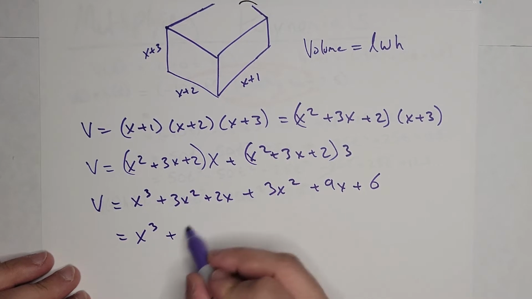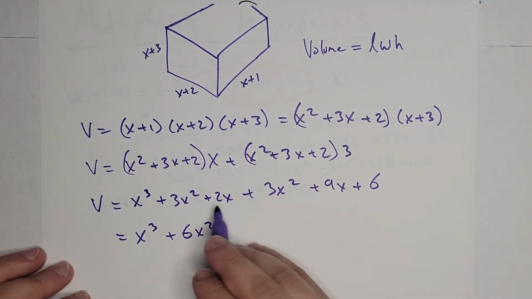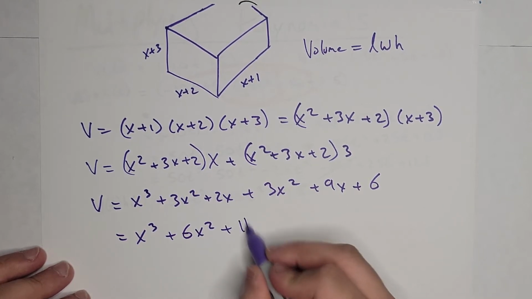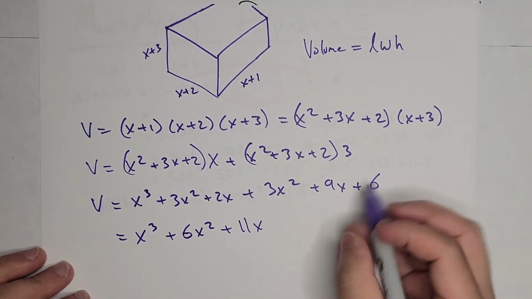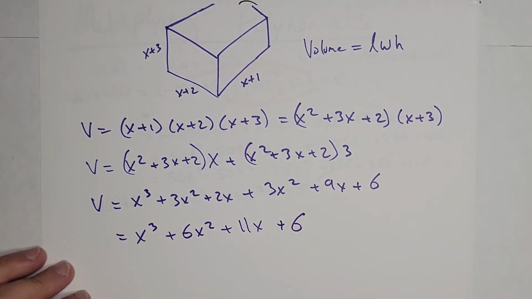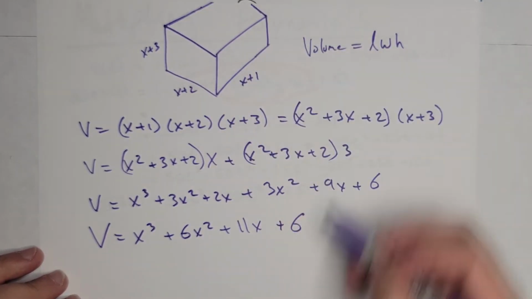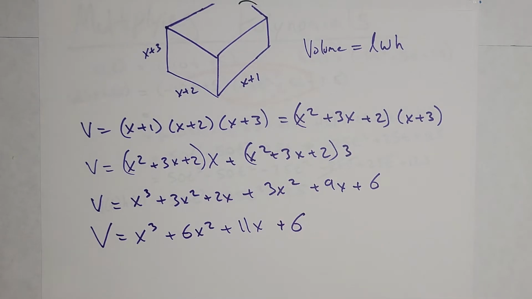That's going to give me 6x squared. And then I have 2x plus 9x, that's 11x. Then I have 6. And here is my formula for this rectangular prism for its volume.